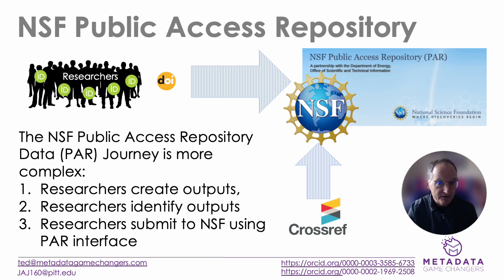We're not going to talk about that one today. Because this journey is a little more complex and involves a number of researchers interacting with a system through a user interface at certain times, we don't really know what the coverage is in terms of research outputs in PAR. It's different than the award database where we assume that the coverage is 100%.